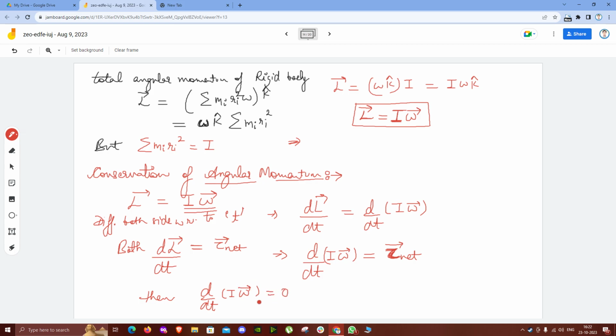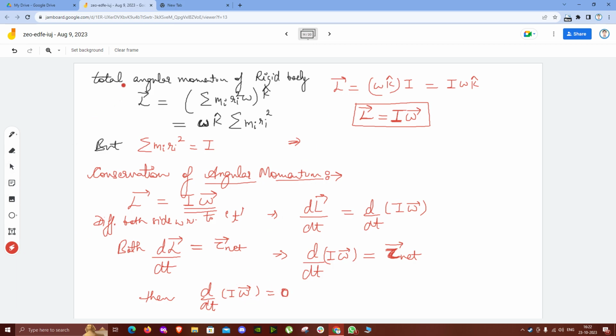What does that mean? When is the derivative of something zero? It's only possible when the thing itself is constant and does not change with time. So I omega is going to remain constant. Only then can its derivative become zero.